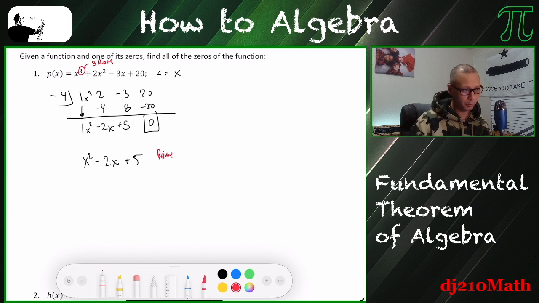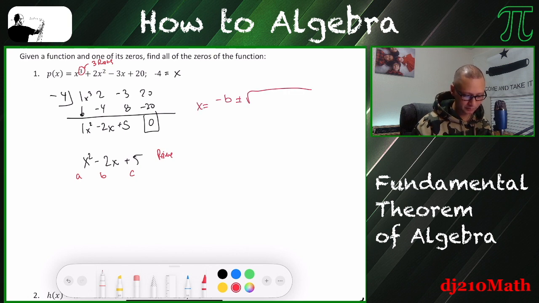So a prime quadratic can't be factored, but it can be solved for 0 because we can use the quadratic formula. So this is going to be a, b, c. The quadratic formula says x is equal to negative b plus or minus the square root of b squared minus 4ac, all over 2a.